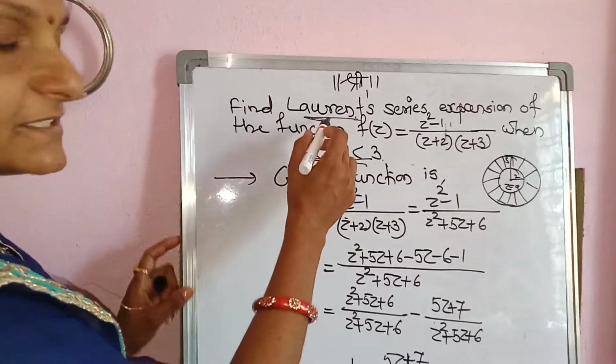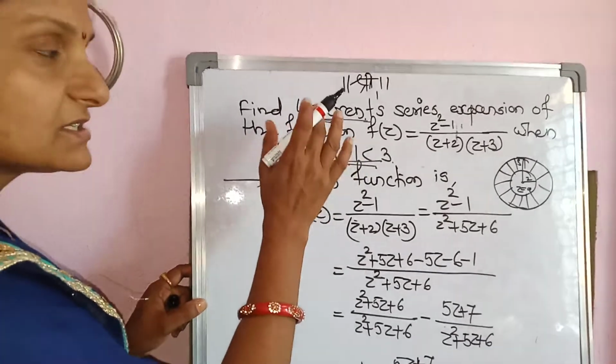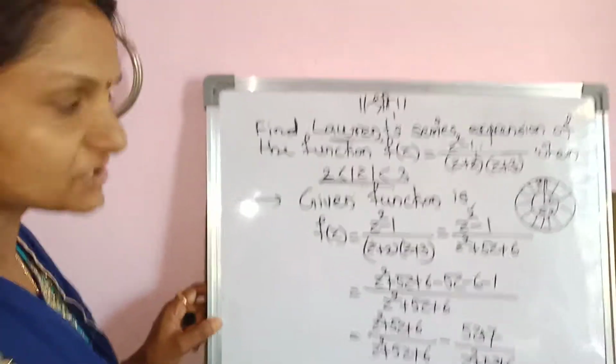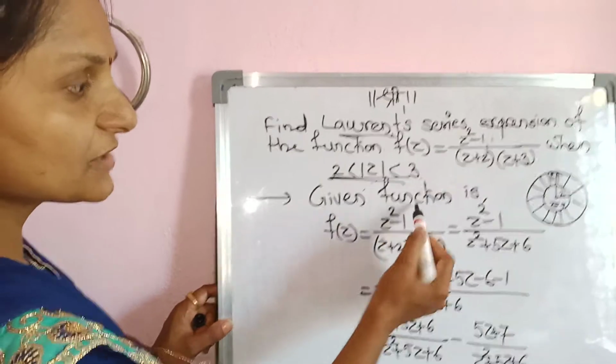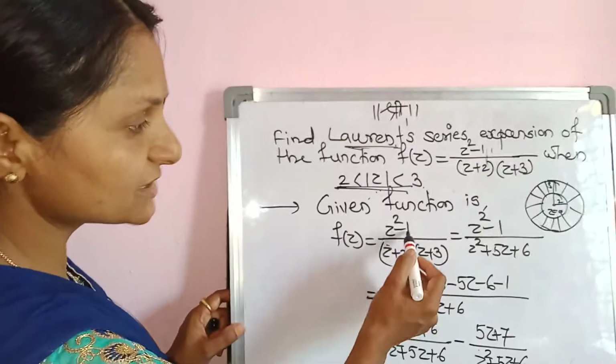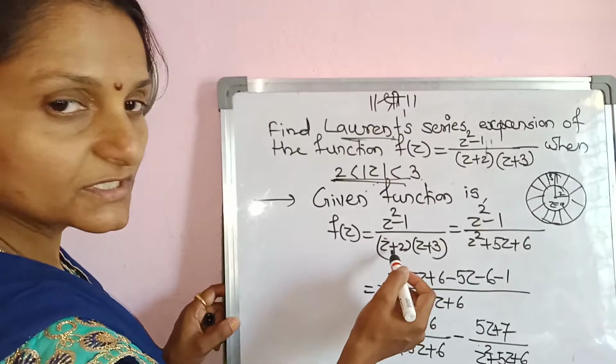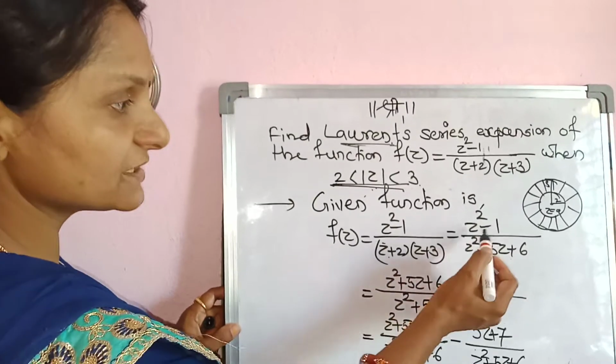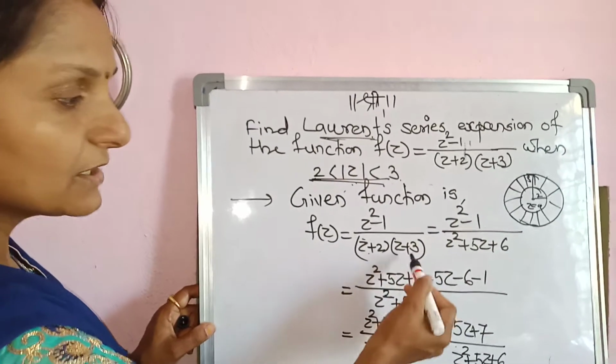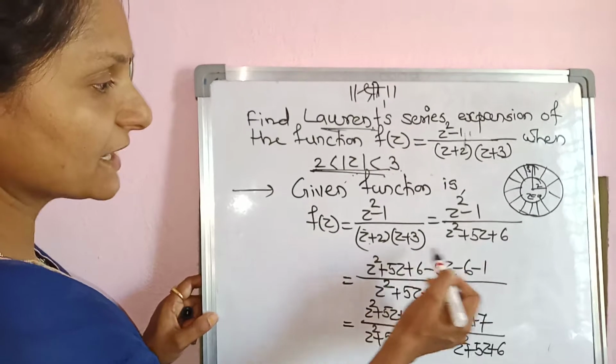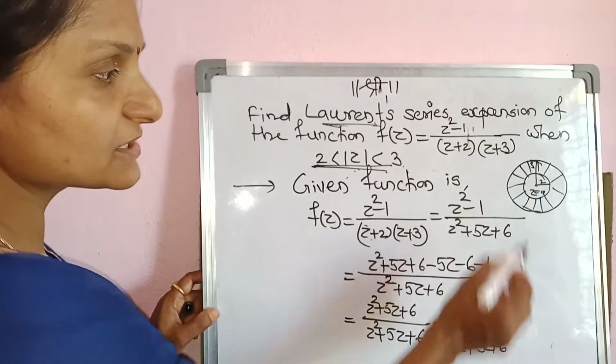Observe that in the Laurent series, there will be positive powers as well as negative powers. The given function is f of z equal to (z square minus 1) divided by (z plus 2)(z plus 3), which is z square minus 1 over z square plus 5z plus 6.